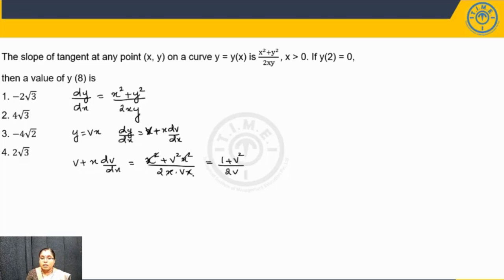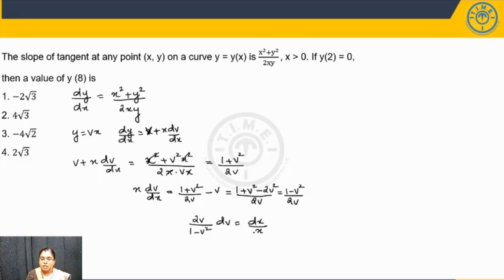Now let's take the v to the right hand side. So we have x dv/dx equal to (1 + v²)/(2v) - v. So we have (1 + v² - 2v²)/(2v). Rearranging, this is actually (1 - v²)/(2v). So let's rearrange. We get 2v/(1 - v²) dv equal to dx/x.